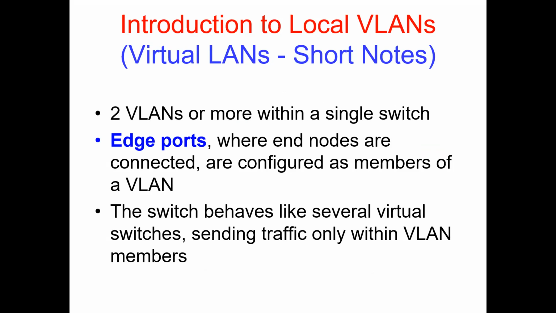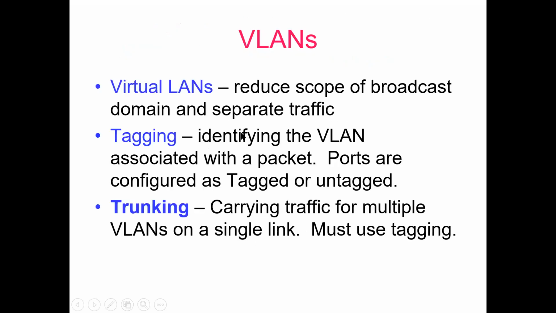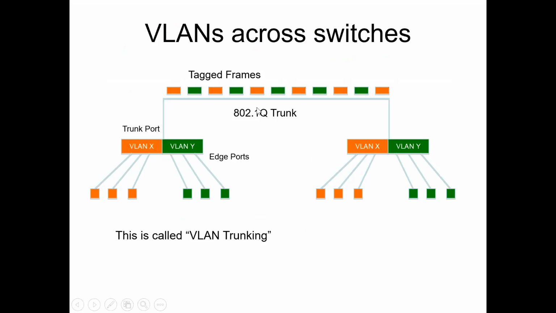The virtual network will behave like a normal network, only that we have to configure, or define it, by software. Sometimes they're called software-defined networks. Let me just show you, then I'll come back.